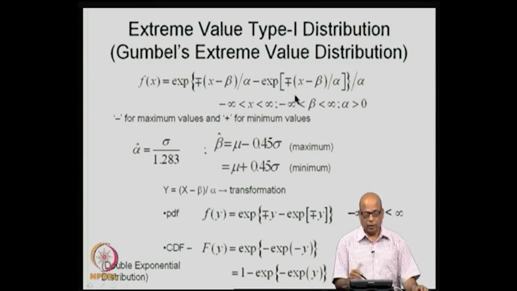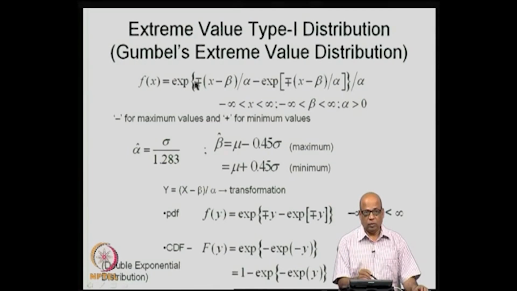It has two parameters, alpha and beta, and we have the relationships for alpha and beta, which are estimated from the samples using the standard deviation and the mean.